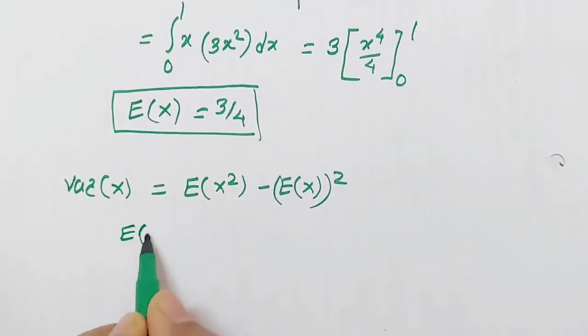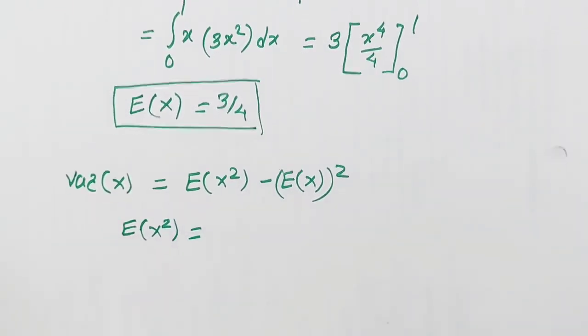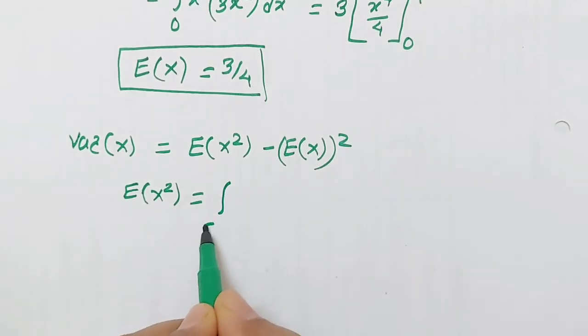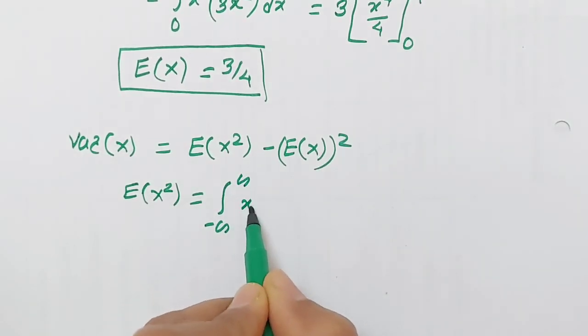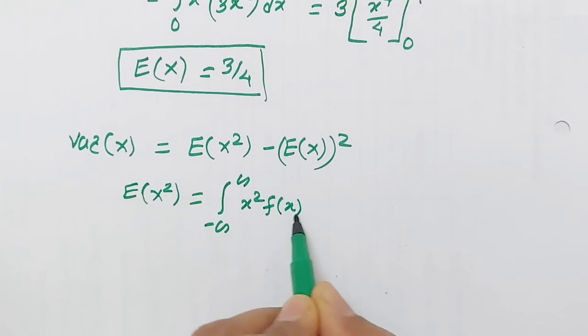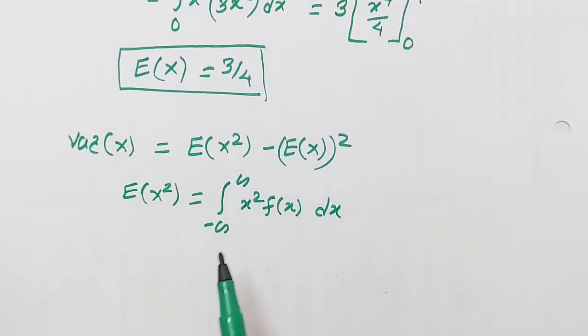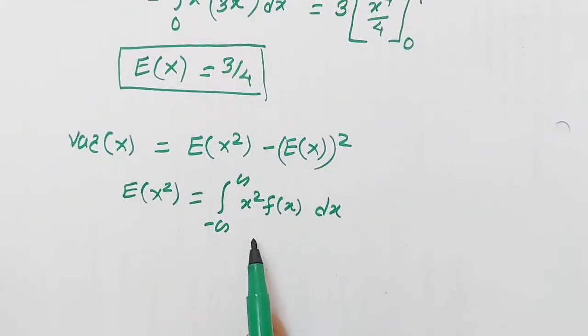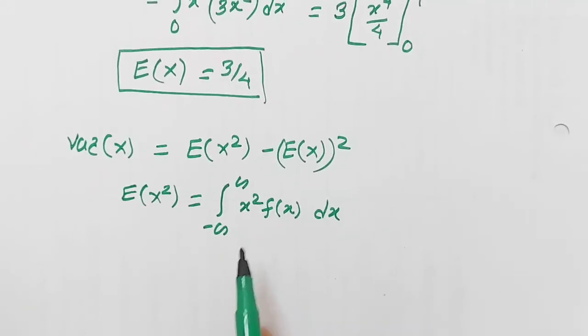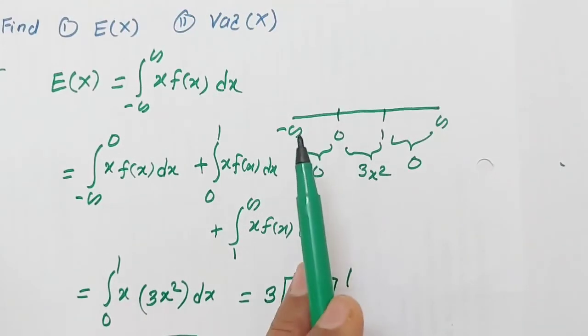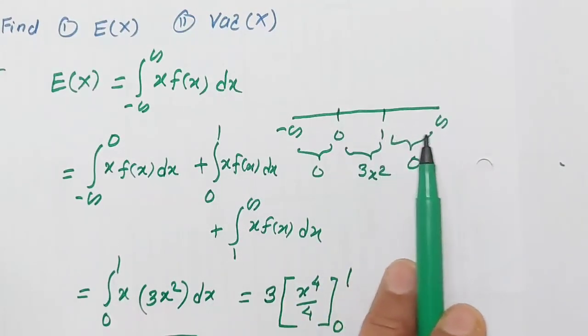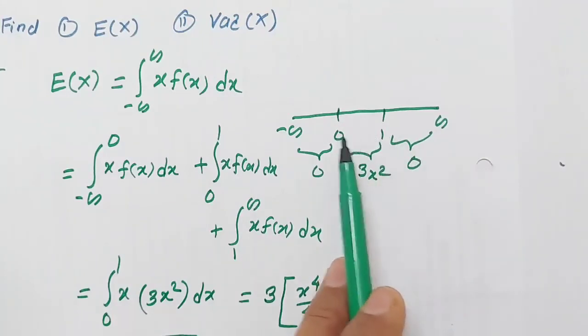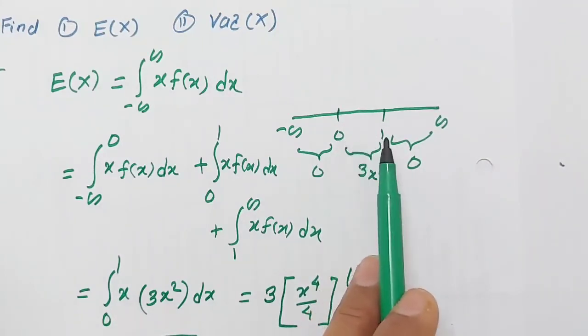To find expectation of x square, again I use the definition: it is the integral from minus infinity to infinity of x square into the function dx. But we know that the function value is 0 from minus infinity to 0 and from 1 to infinity, so the value exists only in 0 to 1.